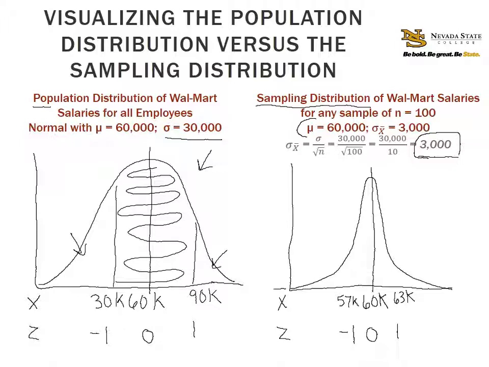So now, for any given random sample of 100 employees, you would expect their mean salary to be within $3,000 of the actual population mean, or between 57,000 and 63,000. In other words, if you were trying to estimate the mean salary of all Walmart employees, your estimation would be expected to be off by about 3,000.